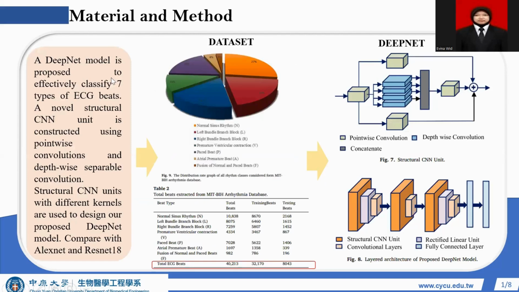Next is more detailed information about DeepNet. They propose a DeepNet model to effectively classify 7 types of ECG beats.